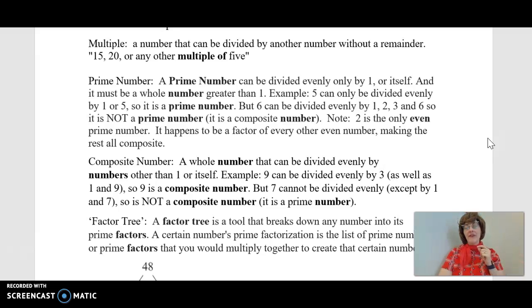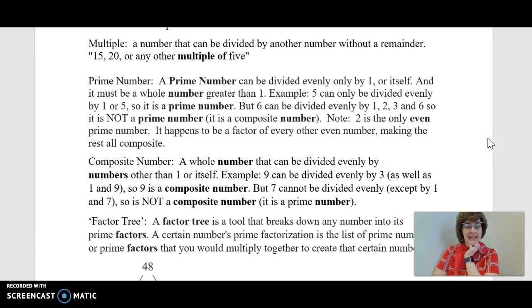We know we can multiply 5 over and over again, but then we also see those multiples of 5, and when we divide, we can find the factor of 5, or we can find the multiple of 5. So those two words go together, factors and multiples.